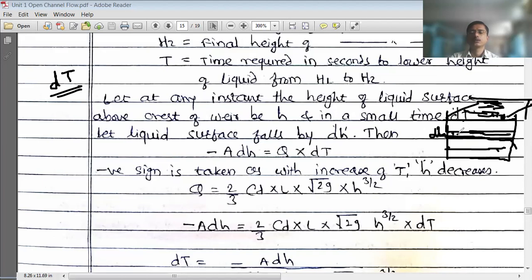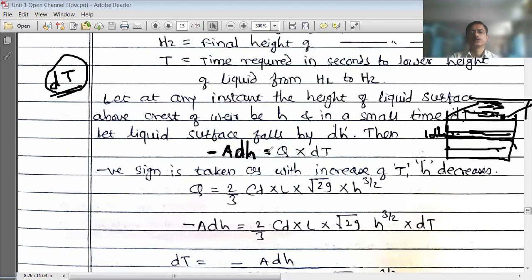Let the liquid surface fall by dh, then minus A dh is the volume of liquid that went out. The minus sign is put because the height is reducing.